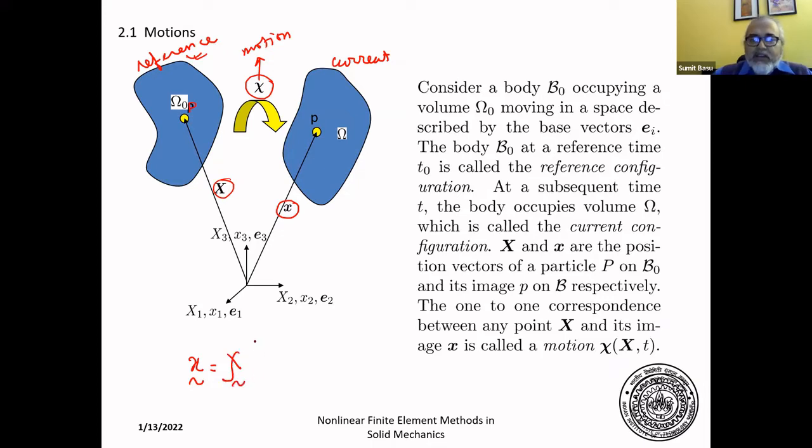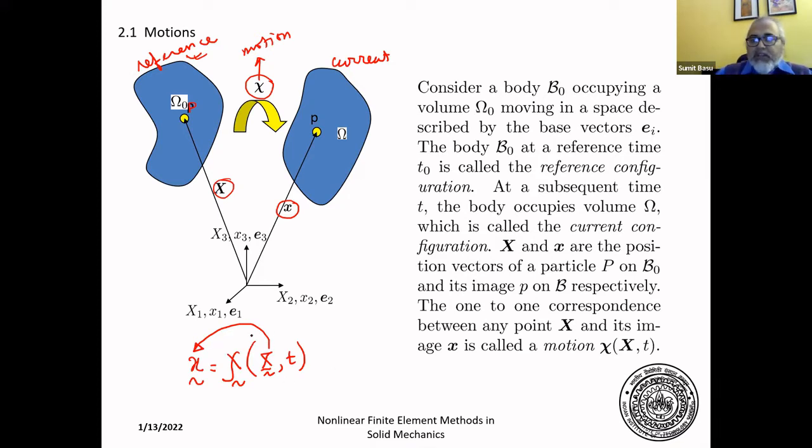Chi takes in capital X and the time as its inputs and tells me what is small x at that time. So it basically tells me where the motion takes capital X to.